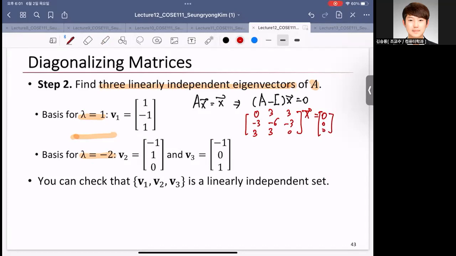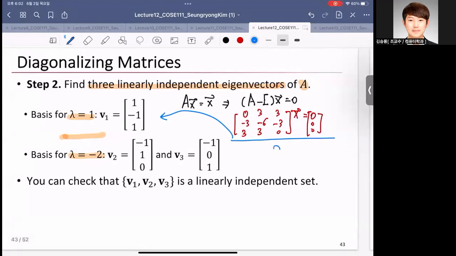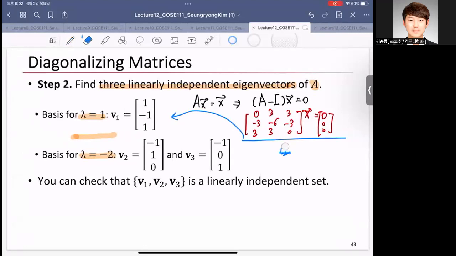Then if you solve this homogeneous system, you're going to have a parameterized solution. We will skip this one because we already talked about this before the midterm.